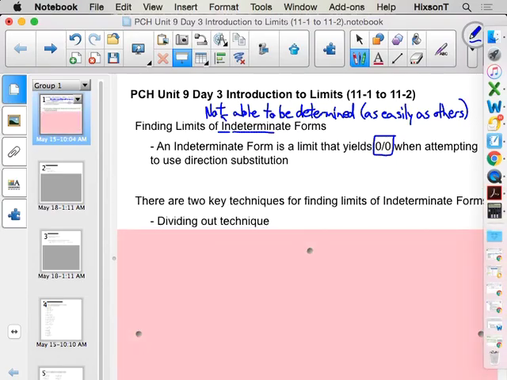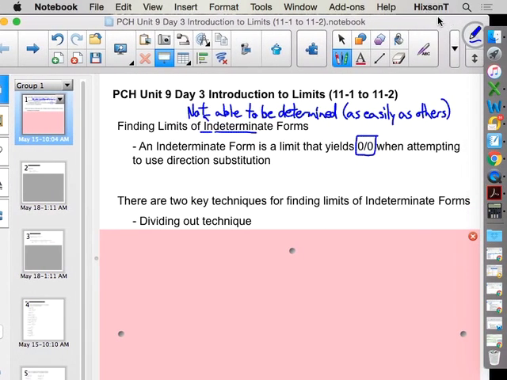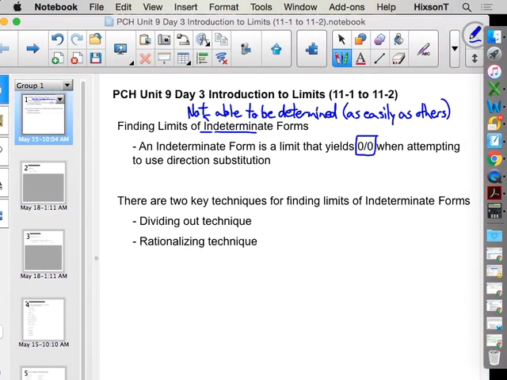Okay? One is dividing it out, okay? This we did back when we were looking at rational functions. We factored and divided out that factor that was causing the denominator to be 0, okay? The other strategy that we had here is rationalizing, okay?